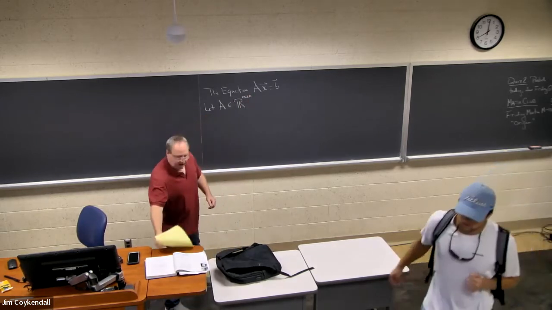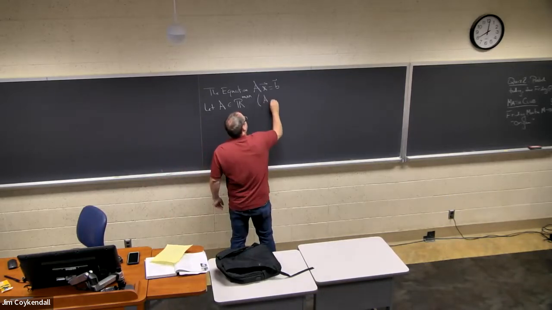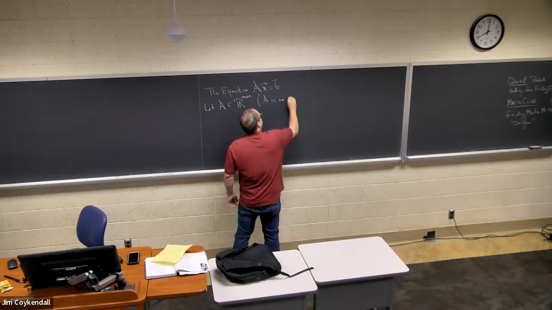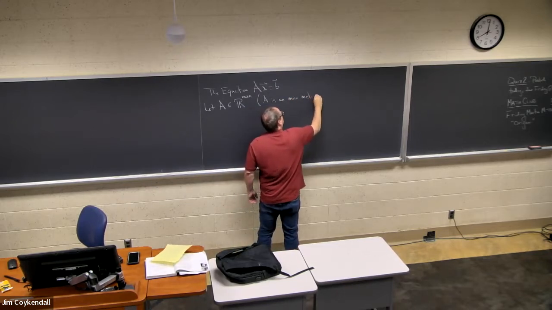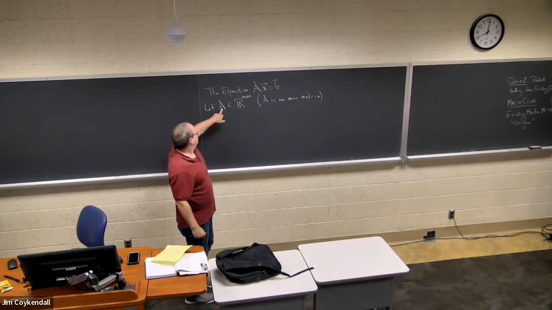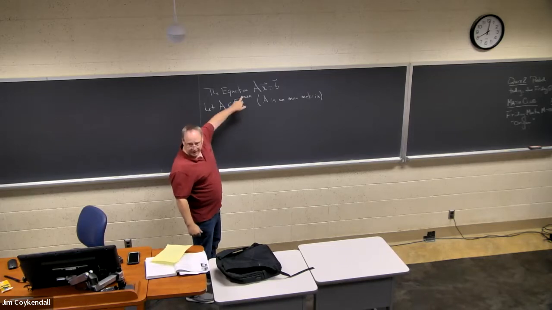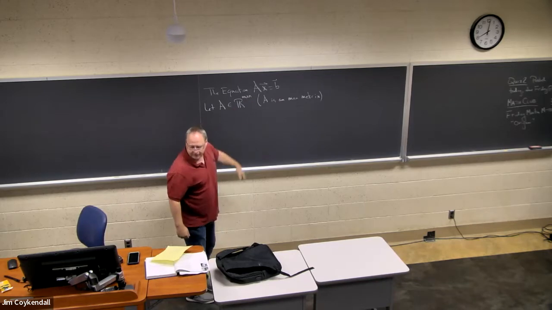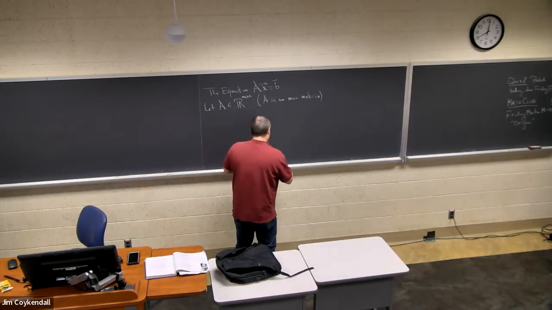Okay, so let's set the symbols here. Let me interpret this for you. A is an m by n matrix. What this notation means is that A lives in R^(m×n), that is, m rows by n columns, and all the entries are real numbers.